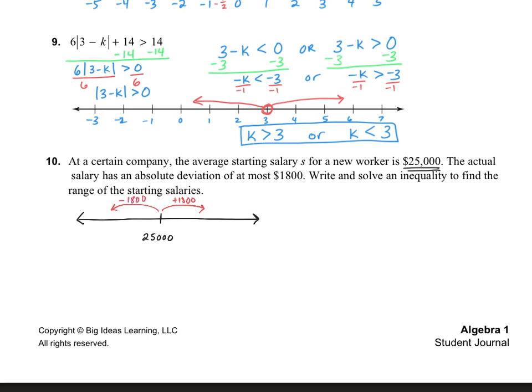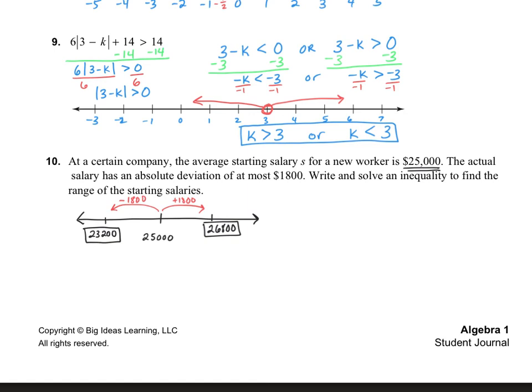So we end up getting 25,000 minus 1,800 is going to be 23,200, and 25,000 plus 1,800 is 26,800. All right, so these are what I want my answers to be, right?